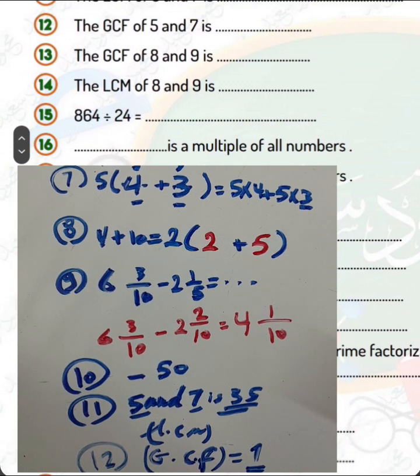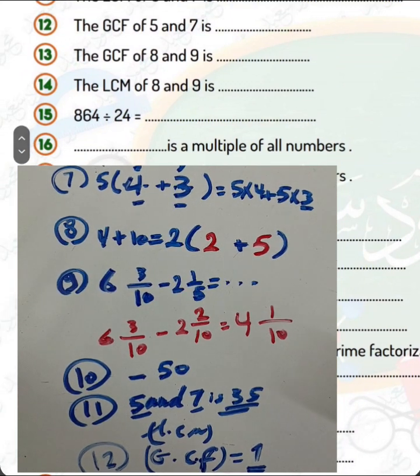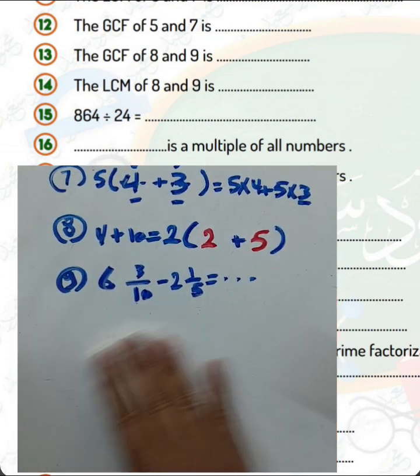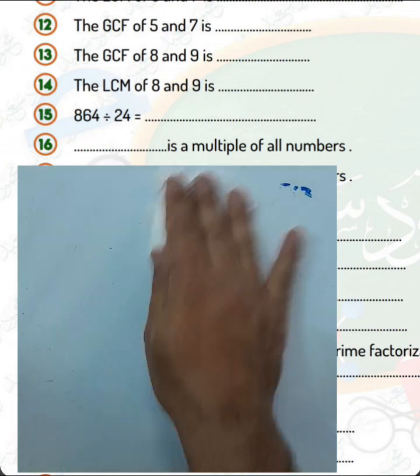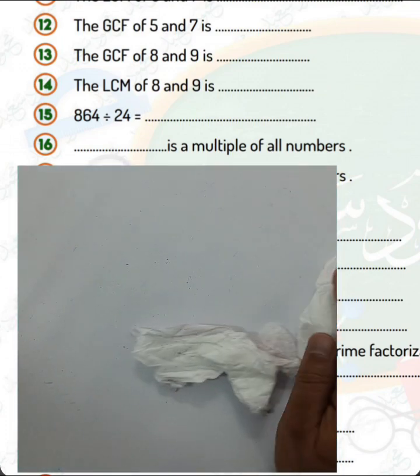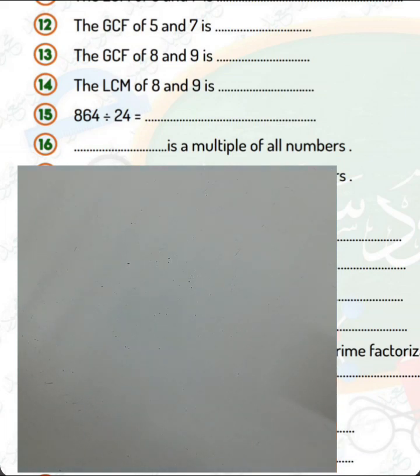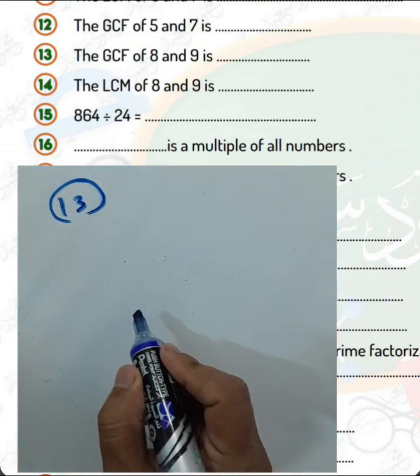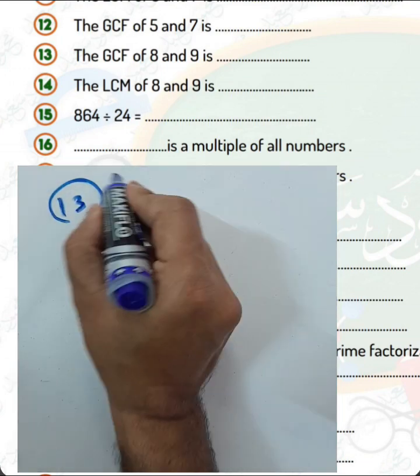Question 13. The greatest common factor between 8 and 9. We call 8 and 9 relatively prime numbers because the greatest common factor between 8 and 9 equals 1. Then question 13, the greatest common factor between 8 and 9 equals 1.